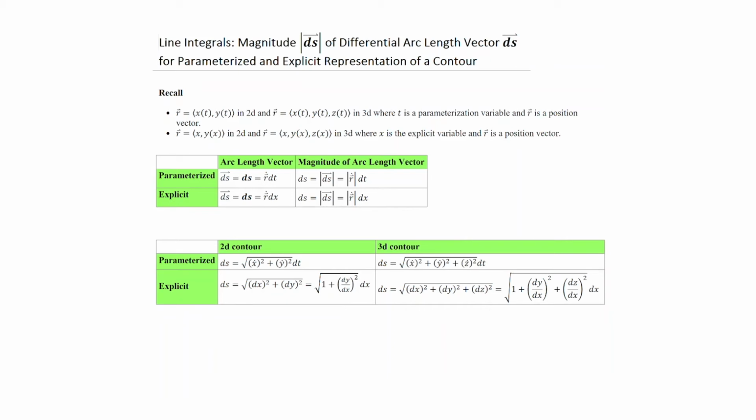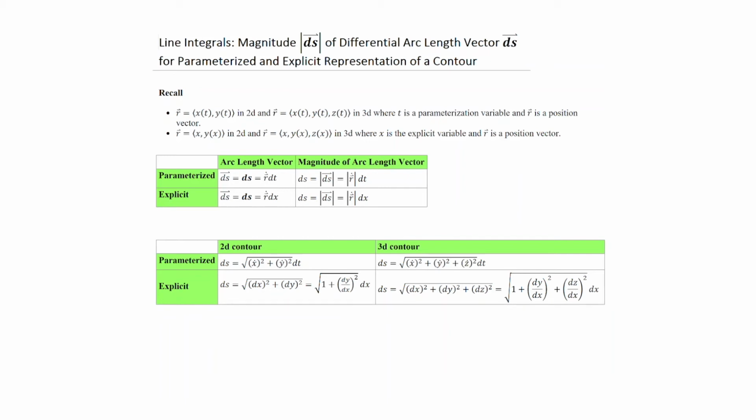So it's the magnitude of r dot dx. All right, so for the 2D contour, what is the result for ds going to be for the parameterized case? It's just the square root of x dot squared plus y dot squared, times dt. For the 3D contour case, it involves an additional term, z dot squared, under the square root sign.